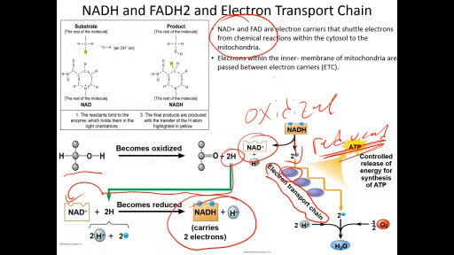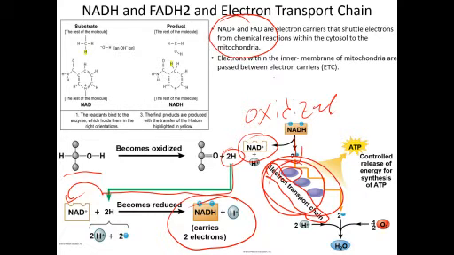Now, all this energy you captured that's been transferred to NADH and FADH2 is transferred to the electron transport chain. The electron transport chain is involved in the synthesis of ATP.